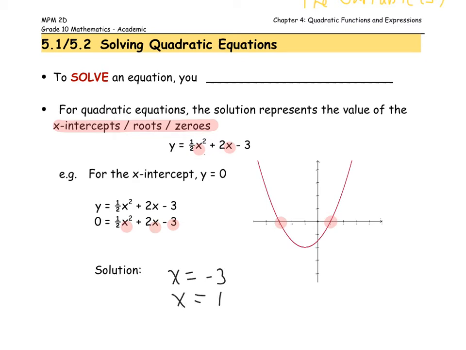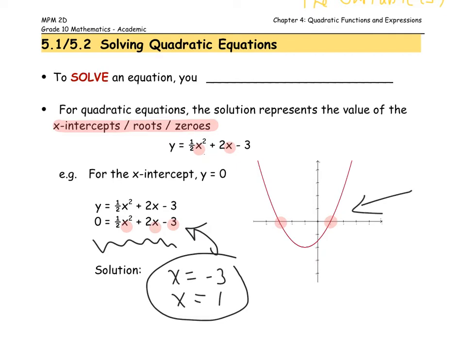And in that case, that is the solution to this equation. That's what I found: the roots. So now how are we going to go about that? Well, how can I find the solution to this without necessarily graphing it? And that's what I'm hoping we'll get to in today's lesson.